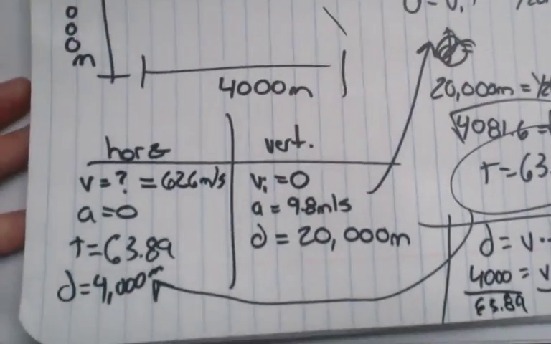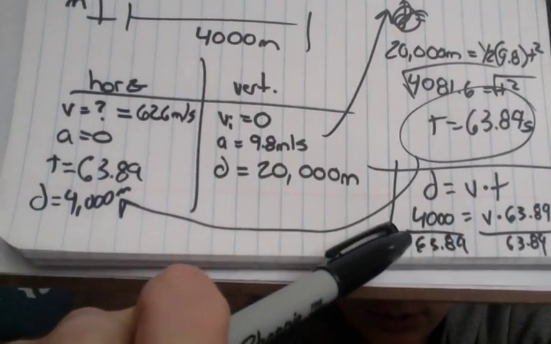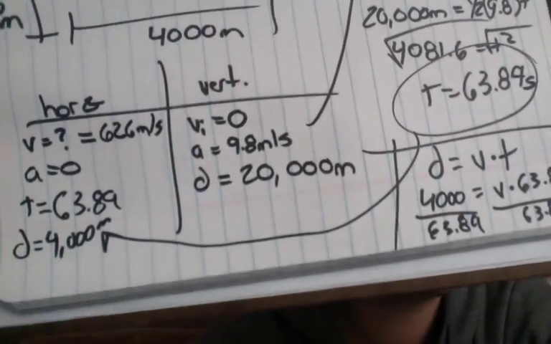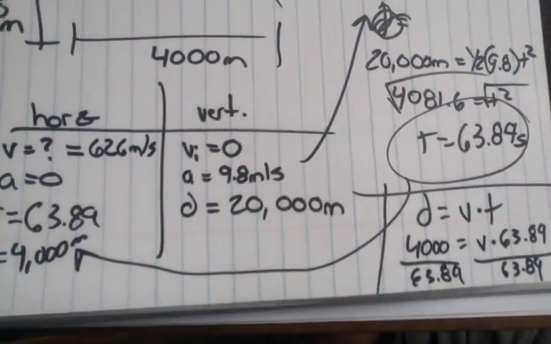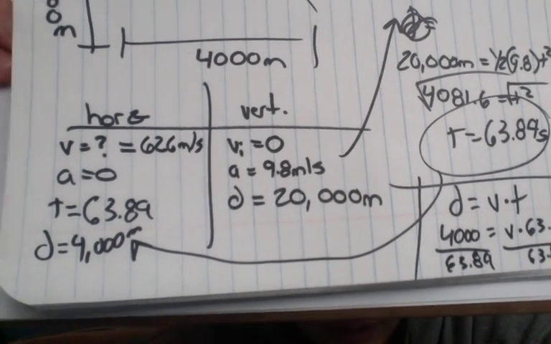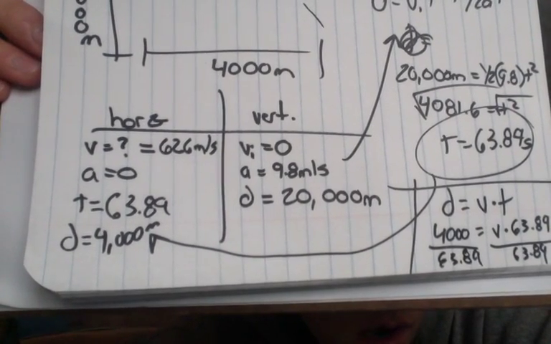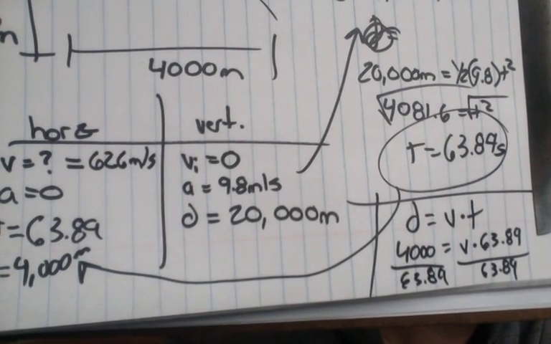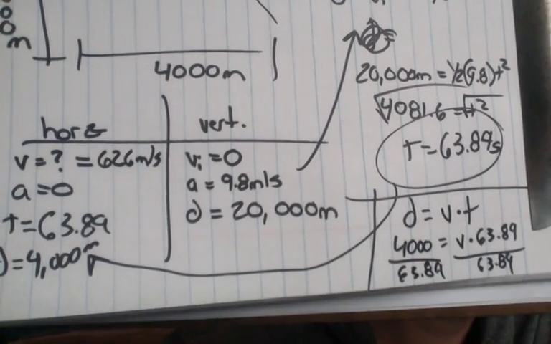Remember my acceleration is 0, so the second part of that equation is going to be nothing. You did have to square the time, so that's why I square rooted the answer.